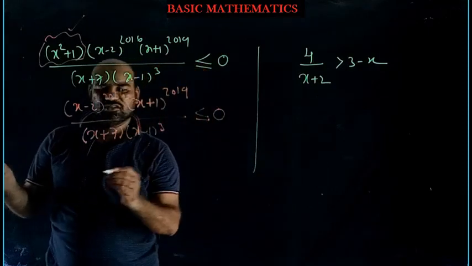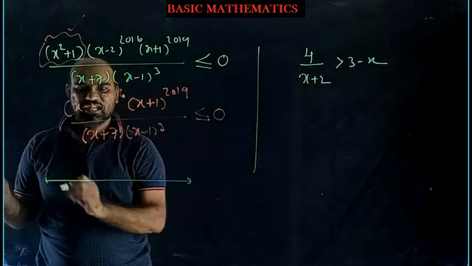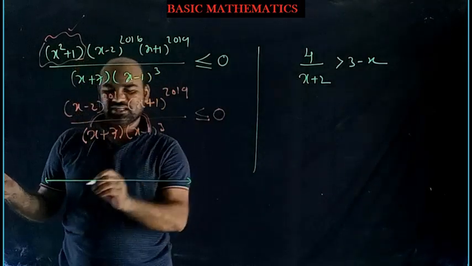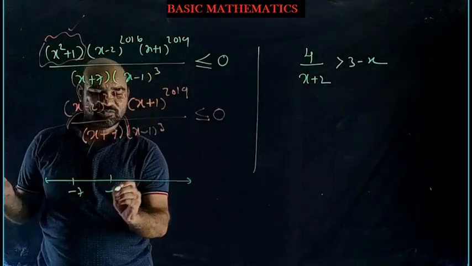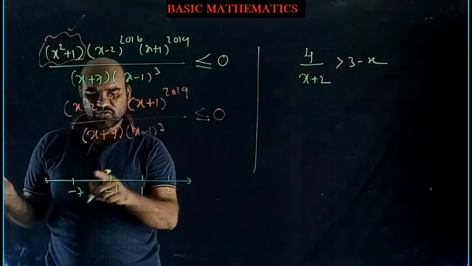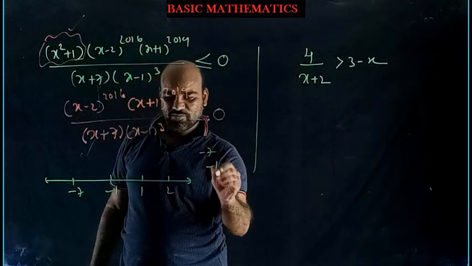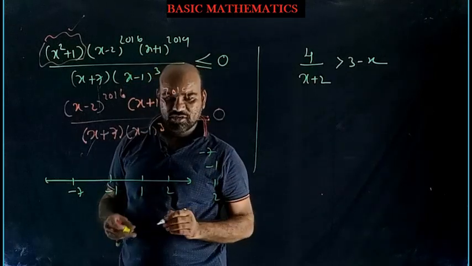Okay. Now it is in standard form. Directly I want to use the number line. I want to find the critical points. Minus 7, minus 1, 1, 2 are the critical points.